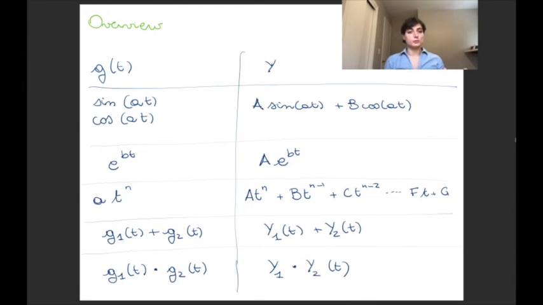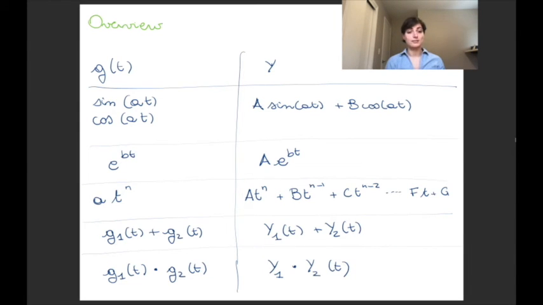Let's give an overview. If our right-hand side had either sine of at or cosine of at, then our guess is a linear combination of sine of at and cosine of at. If our right-hand side had exponential of something times b, our guess is coefficient times the same exponential of bt.